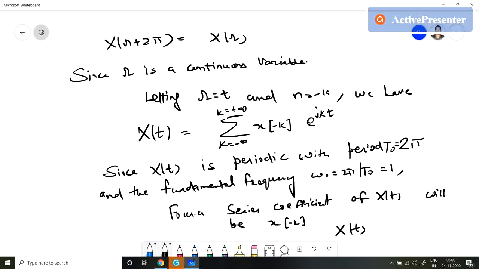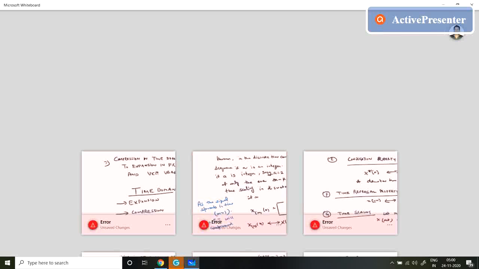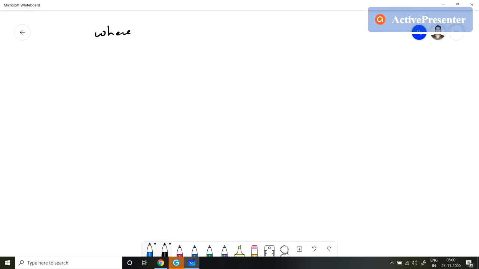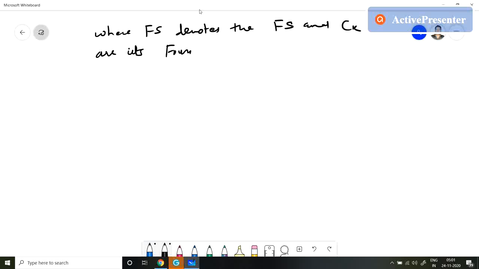That is, for x(t), the Fourier series coefficient ck is equal to x of minus k, where FS denotes the Fourier series and ck are its Fourier coefficients.